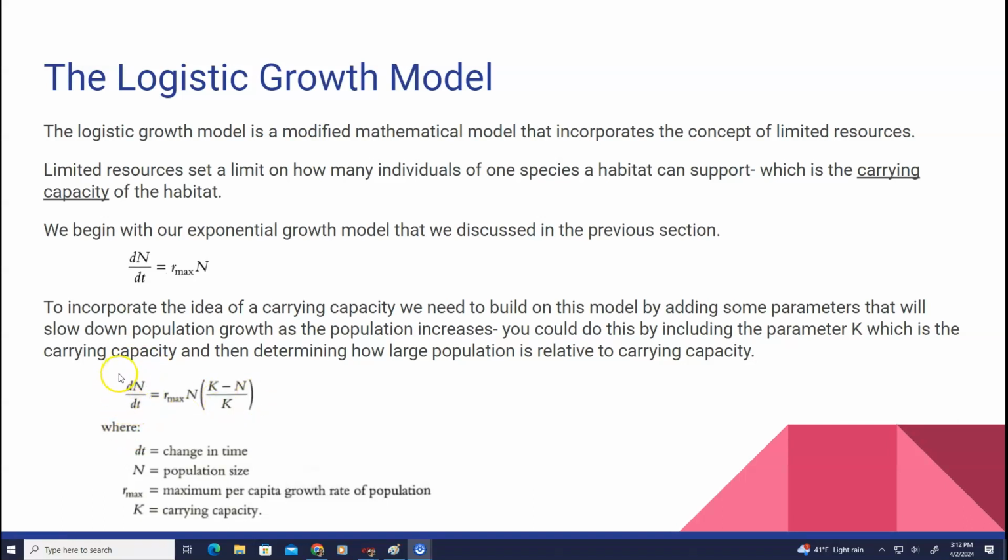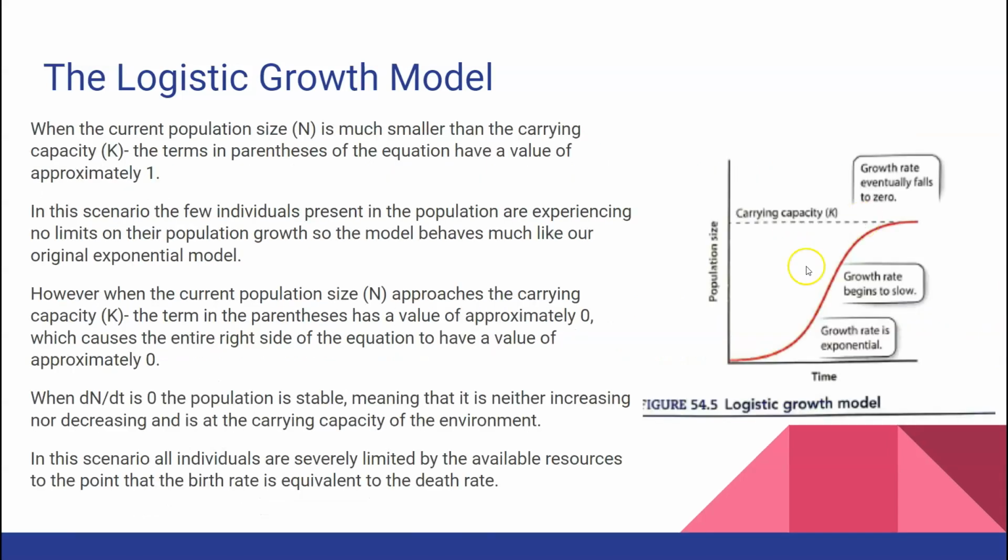So we still have our change in population over time, and we've got our maximum per capita growth rate, but now we have the carrying capacity minus the population size, over the carrying capacity. Adding this to the equation puts those limiting factors, that carrying capacity, into our growth model.